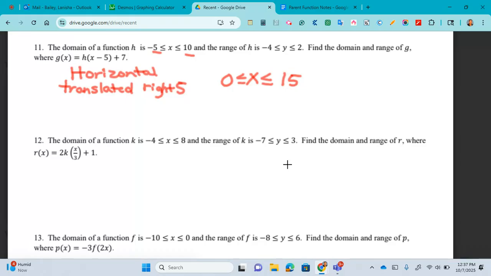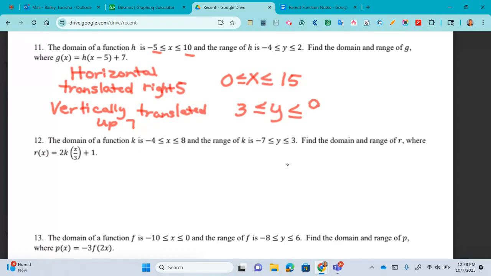Now the range, since it was vertically translated up 7, our range, which is our y, will go from 3 to 9. Excellent.